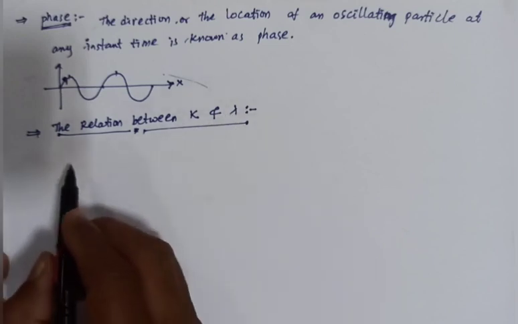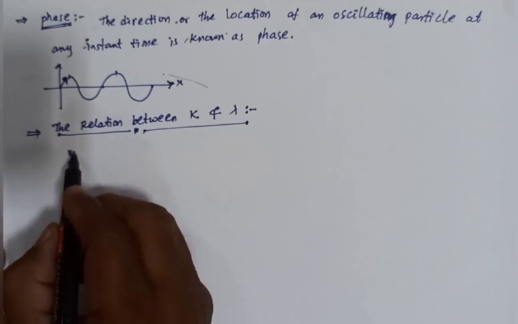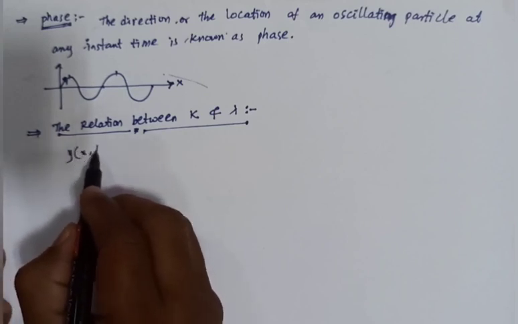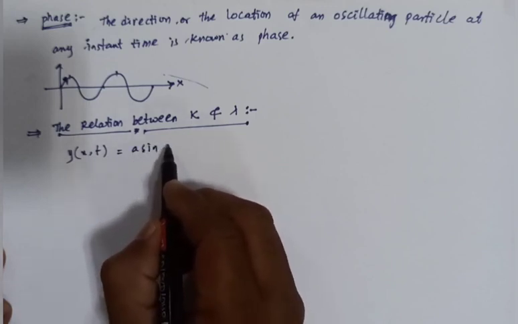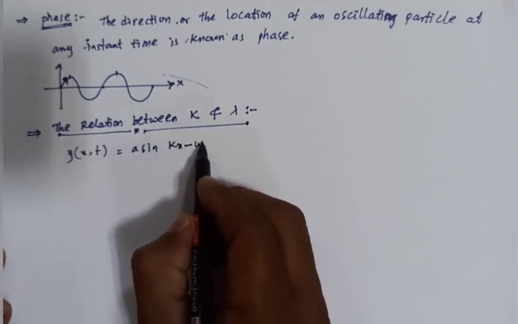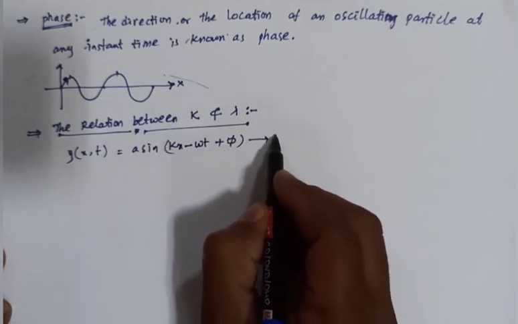We know the progressive wave expression y of x comma t equals a sin(kx minus omega t plus phi). Okay, this is equation number 1.